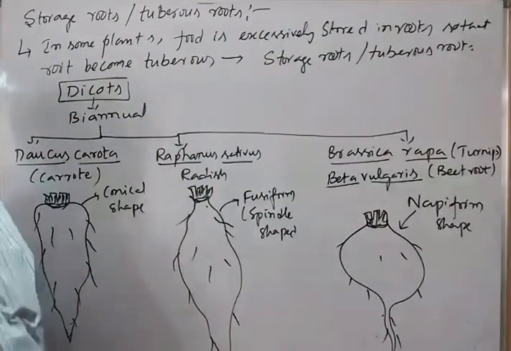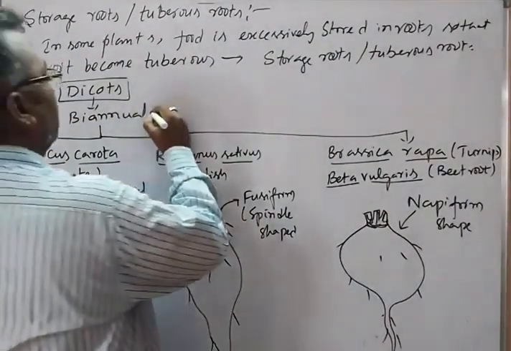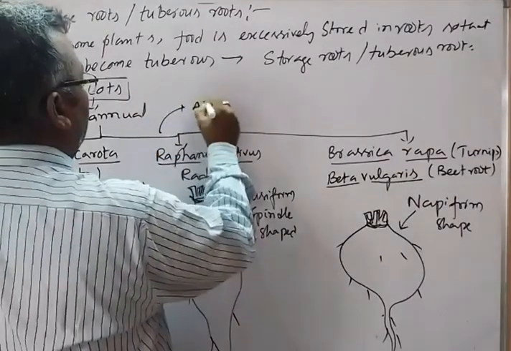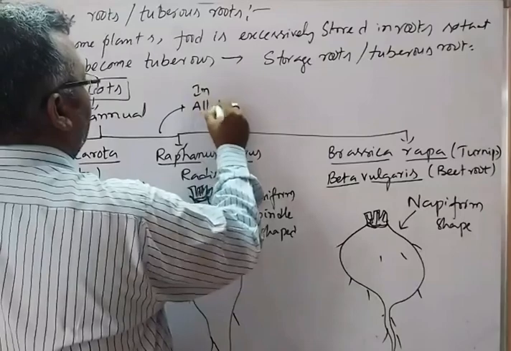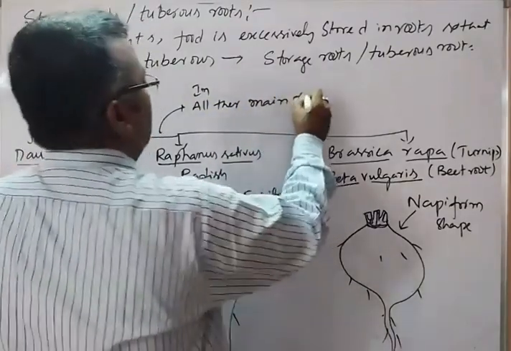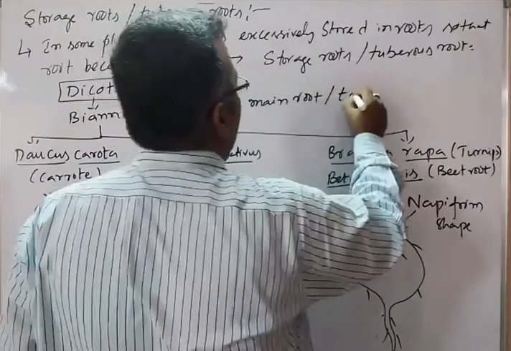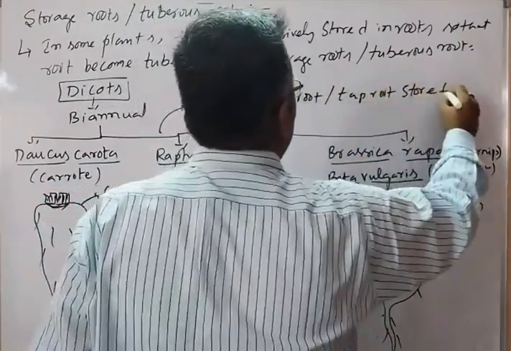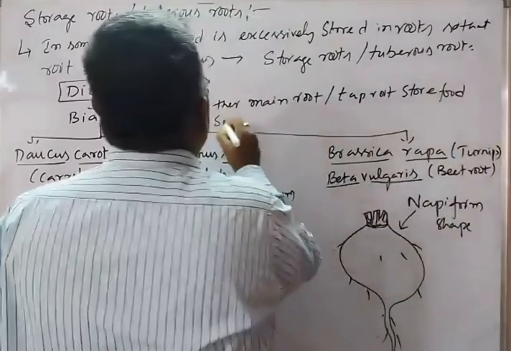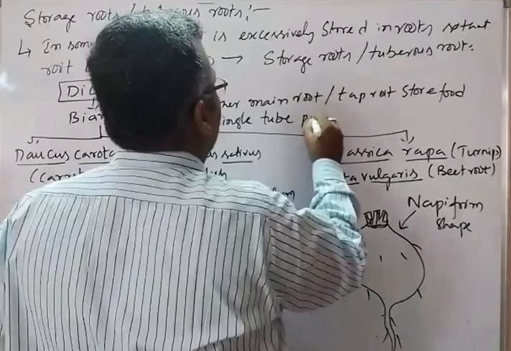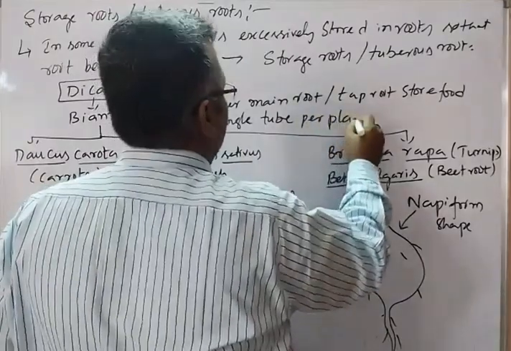So in all these roots, the main root or tap root stores food. So a single tuber per plant is observed.